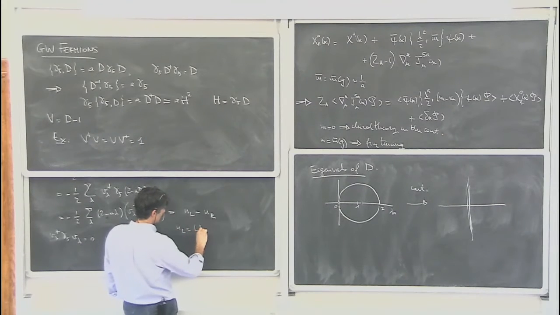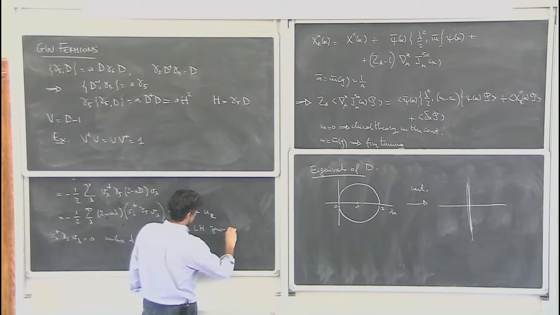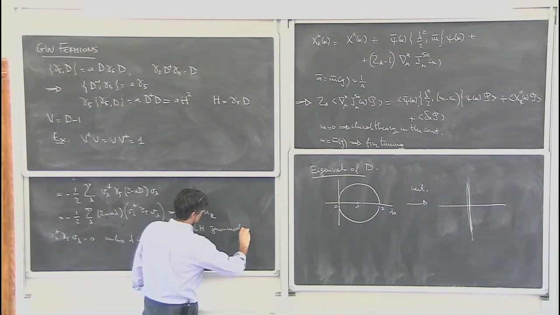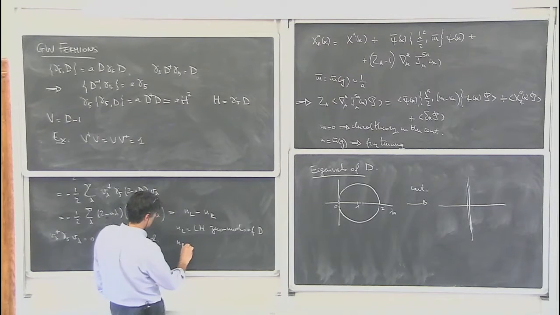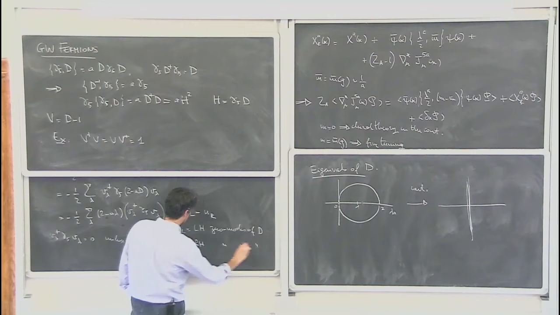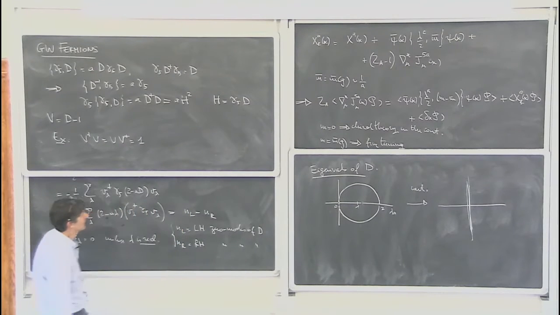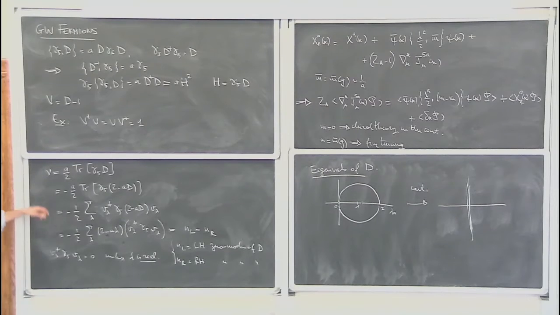L are the left-handed 0 modes of D, and R are the right-handed 0 modes of D. So this is your index theorem.